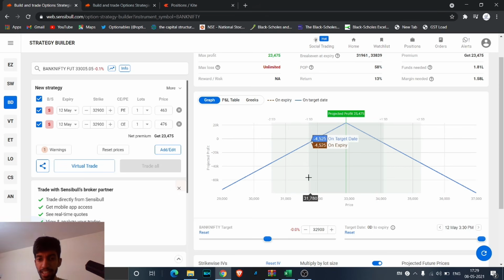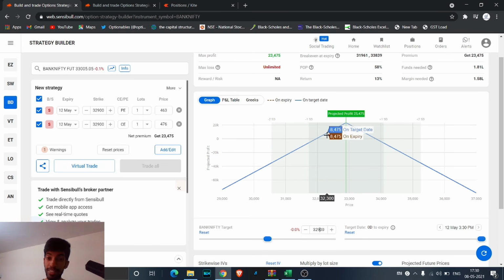You can see here, if the market moves up violently, that is if it goes towards 34,000, 35,000, I'm going to lose money. Whereas if the market falls down also violently, then still I am going to lose money. Which means only if the market is range bound or consolidates am I going to make some profit. If there's a big up move towards 35,000, I am losing money.